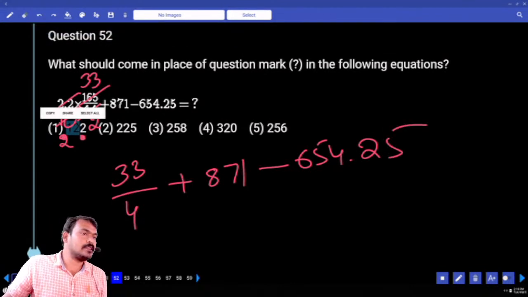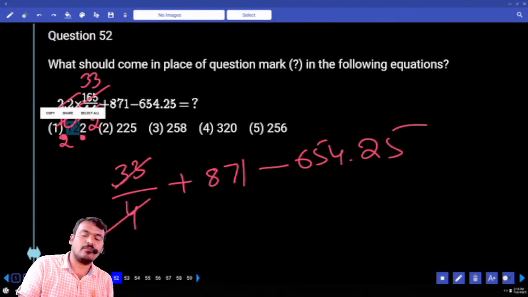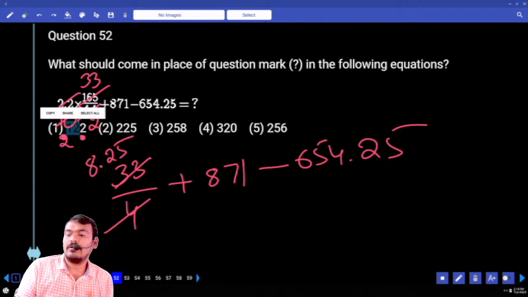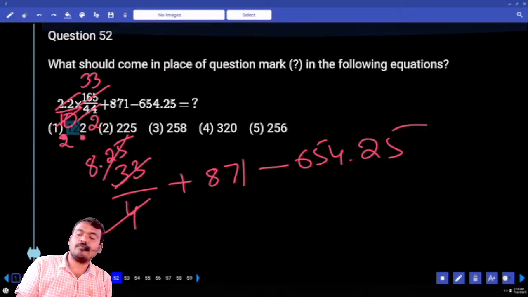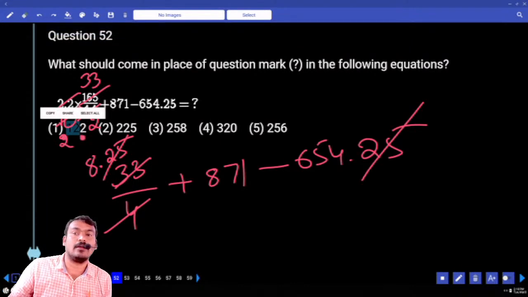Okay. 33 by 4 means 4 how many times? Almost 8 times. What is the remaining value? 1. 1 by 4 means we write 0.25, or not? 0.25. Plus 0.25 and minus 0.25 get cancelled, or not?